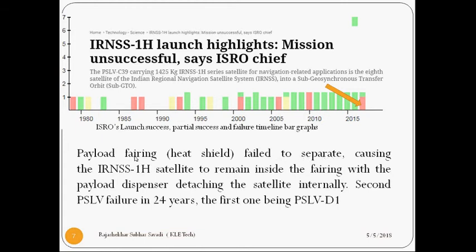The separation of heat shield was not possible. Then it caused the satellite to be locked inside that system. Thereby the communication to the external world was not possible, and then it led to a failed mission.